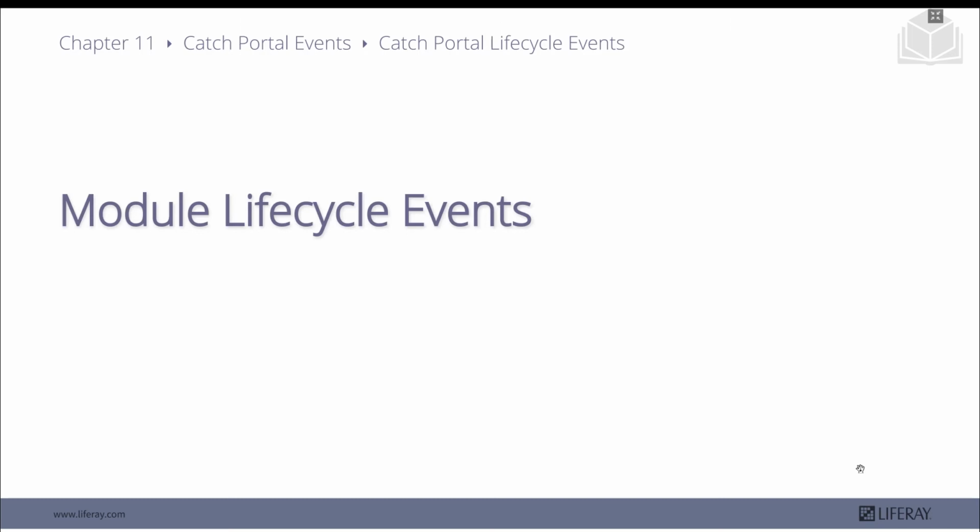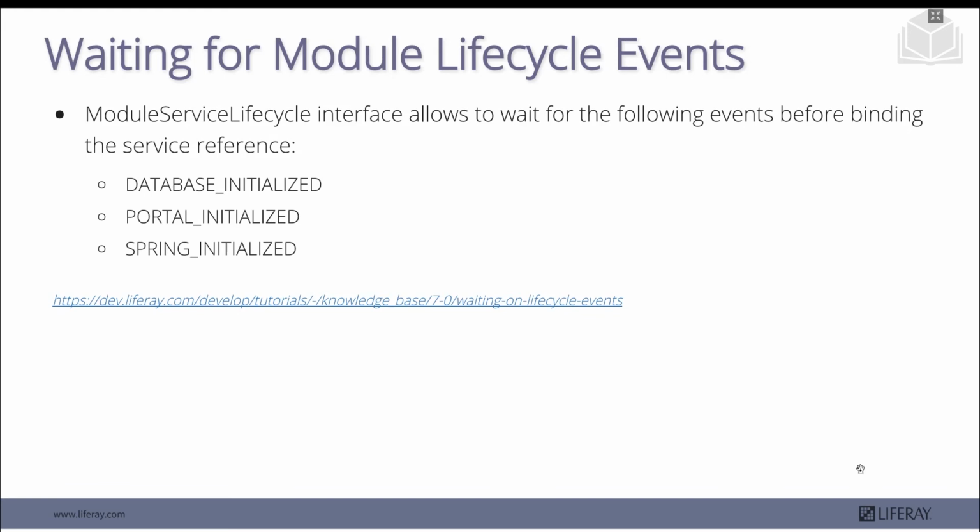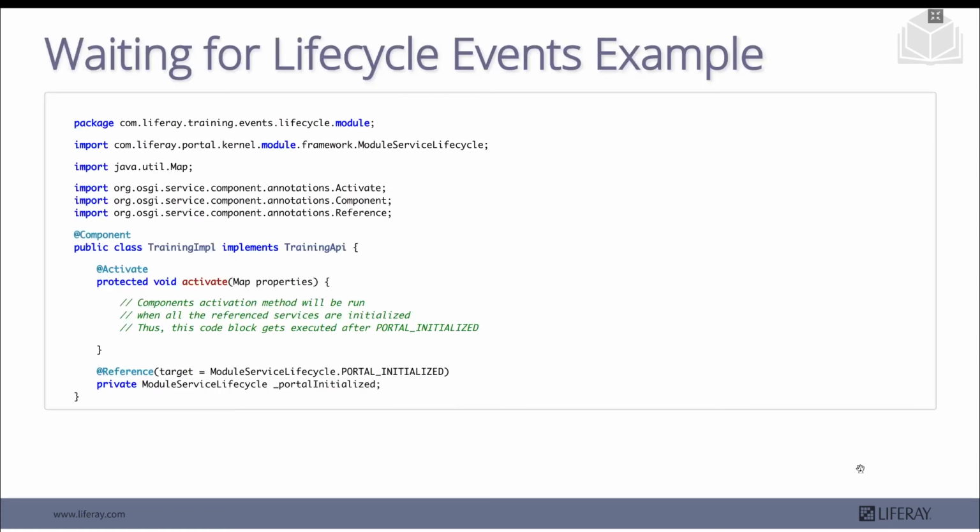So, module lifecycle events. This one's kind of cool as well. What we can do is also wait for specific things to occur at the module lifecycle level. Some of the things we can do when the database is initialized, portal is initialized, when Spring is initialized, we can do something. So one of the examples that we have here, we have an implementation class that implements an API called training API.